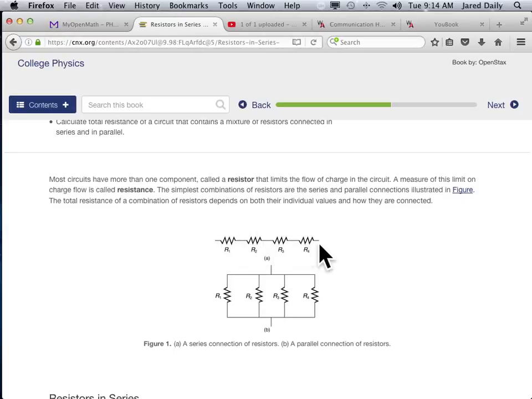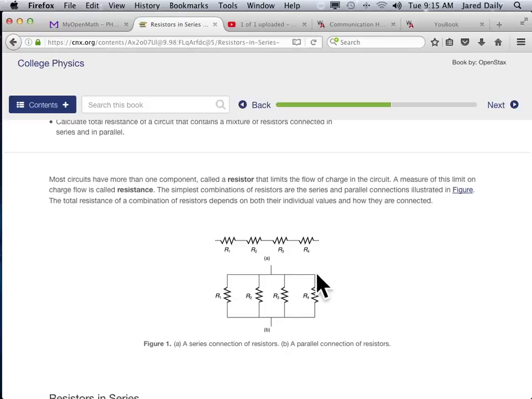Resistors are only in series if they look just like this in the circuit diagram. This is the symbol for a resistor in circuit diagramming, and just a straight line is the symbol for a wire, which is considered to have very low or zero resistance in circuits. So if you put them right in a row without anything branching off anywhere, then they are considered to be in series.